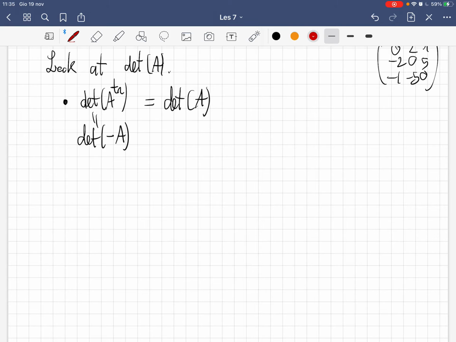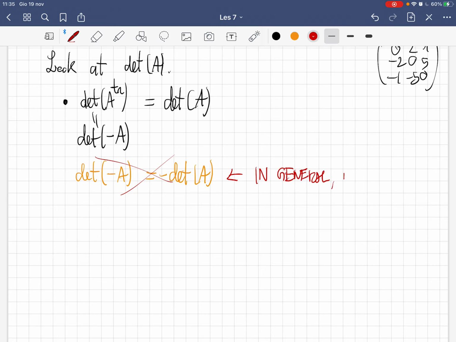Let me say what the naive student would do. It would write something like, let me write here in orange, in general. And I mean, it's important to say that this is in general false.